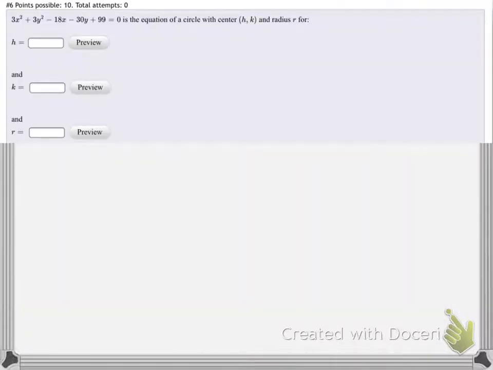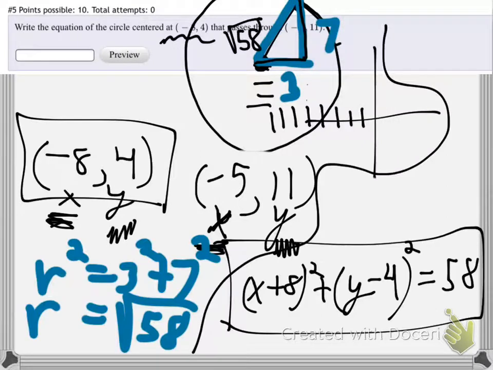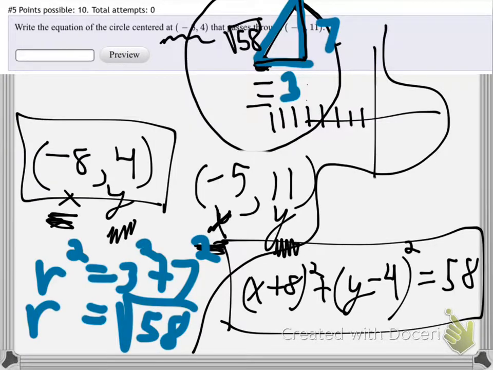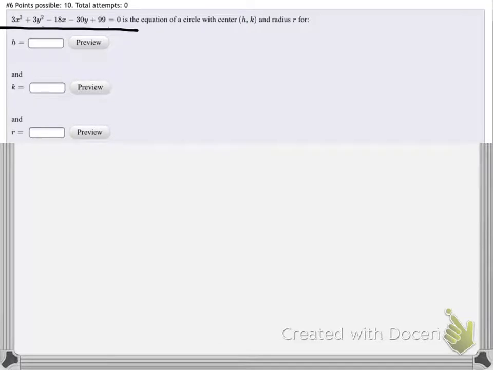Let's see here. This is another complete the square type one like we had before. I just noticed that it had some extra numbers on it, but since it's a circle, it actually ends up going pretty smoothly to get rid of any extra numbers. As we look at this equation, everything is divisible by 3, which doesn't have to be the case, but it's beneficial for us.